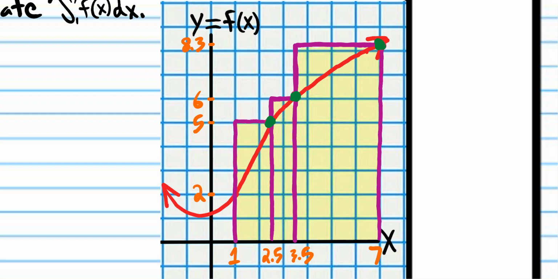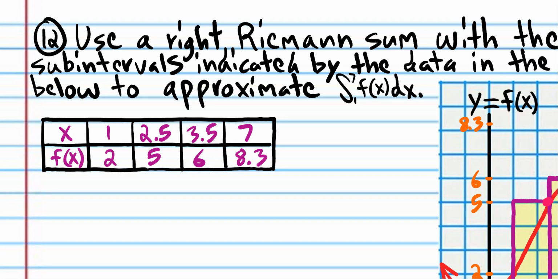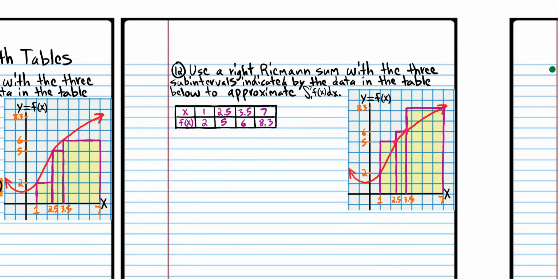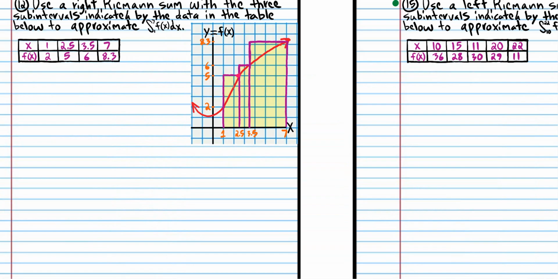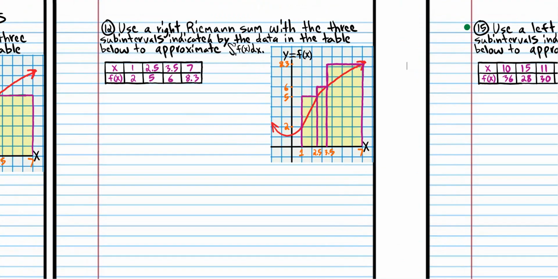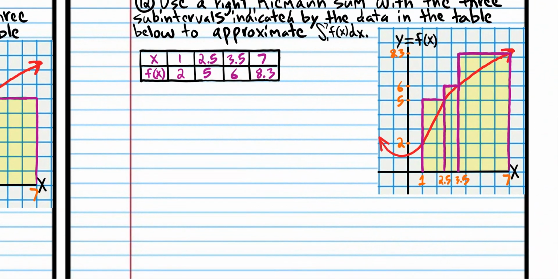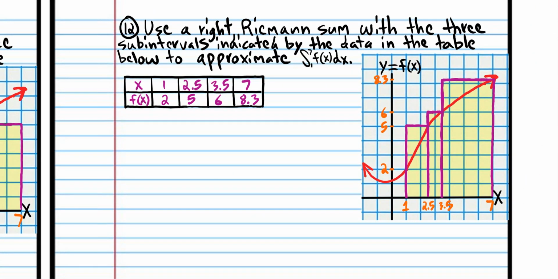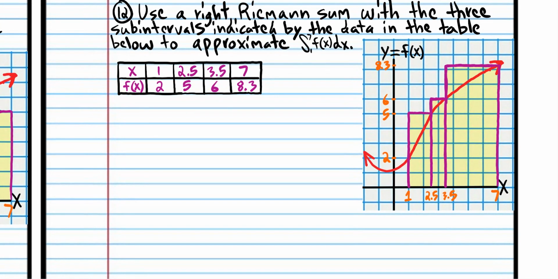So the upper right corners of the rectangles are hitting the graph. So this is called a right Riemann sum. So let's approximate that area. And you can see that this is going to be an overestimate, because in this part of the graph it looks like the concavity is downward.